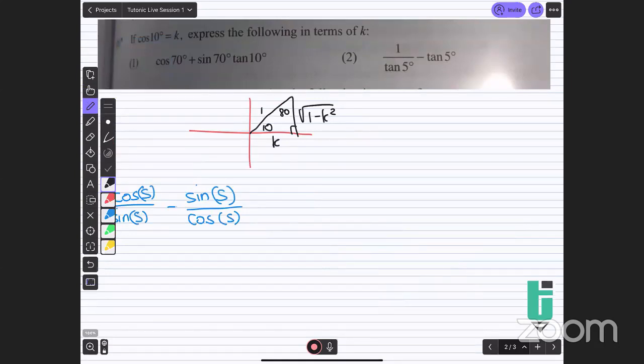If we said cos of 10 is equal to cos of 5 plus 5, or 2 times 5. Or perhaps we have to use 20, because if it's 20, then we can get the 10, which is what we need.